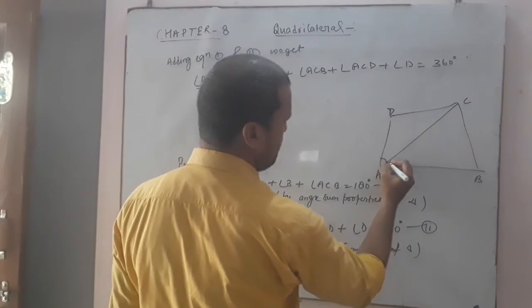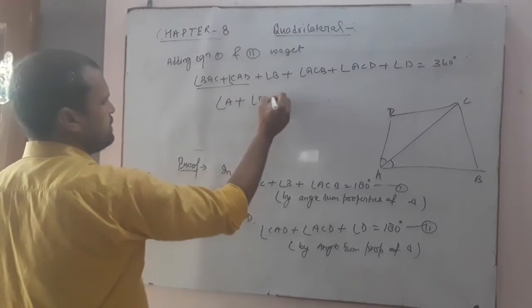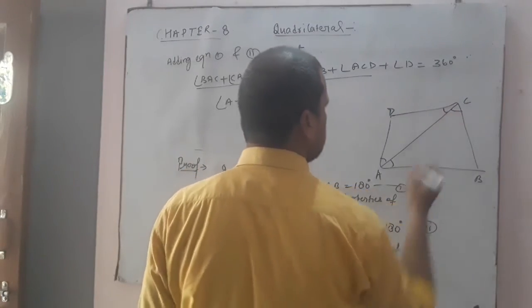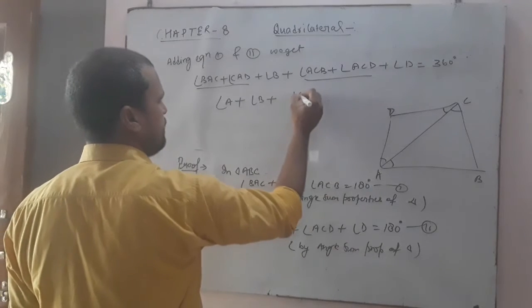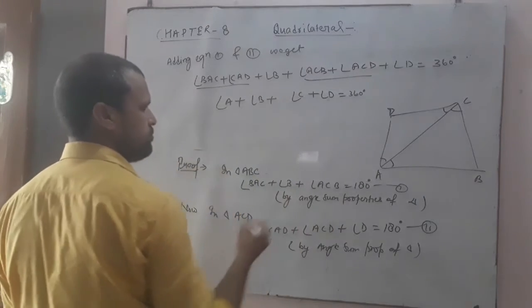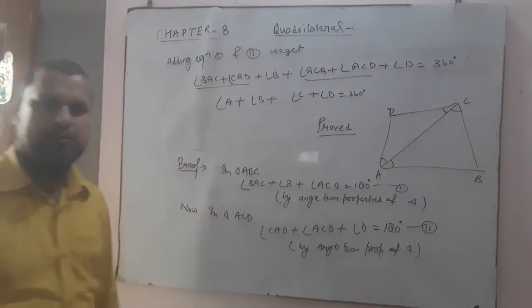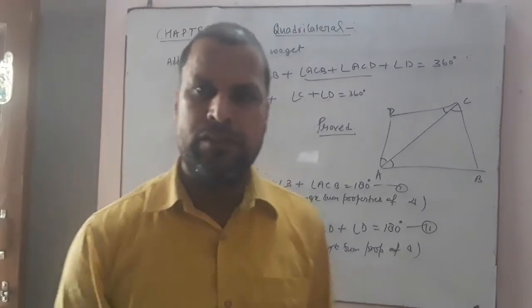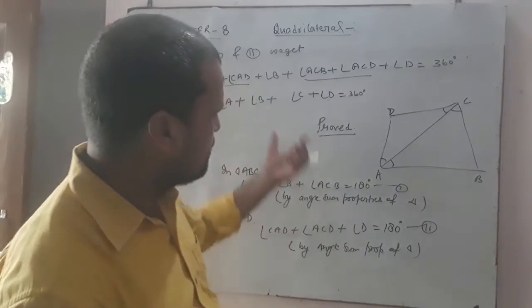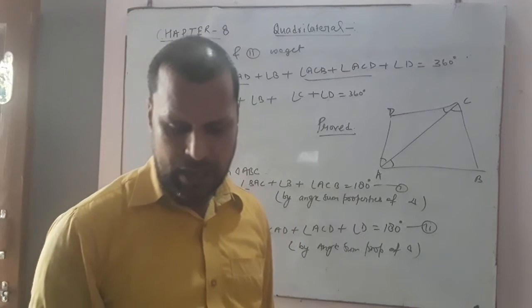Angle BAC and angle CAD together make angle A. Angle B as it is, and angle ACB plus angle ACD make angle C, plus angle D. It is 360, proved. This theorem is known as the angle sum property of a quadrilateral.